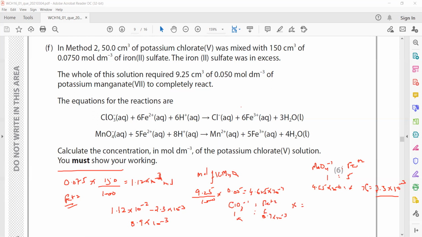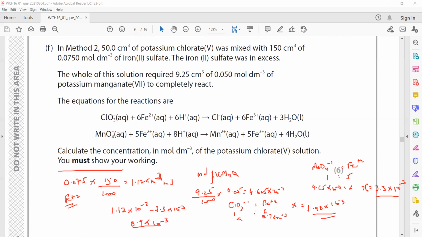So when we use this value, this is the moles of chlorate ion, moles of iron 2 ion. So we'll get the moles of chlorate ion, which will be 1.48 into 10 to the power minus 3.